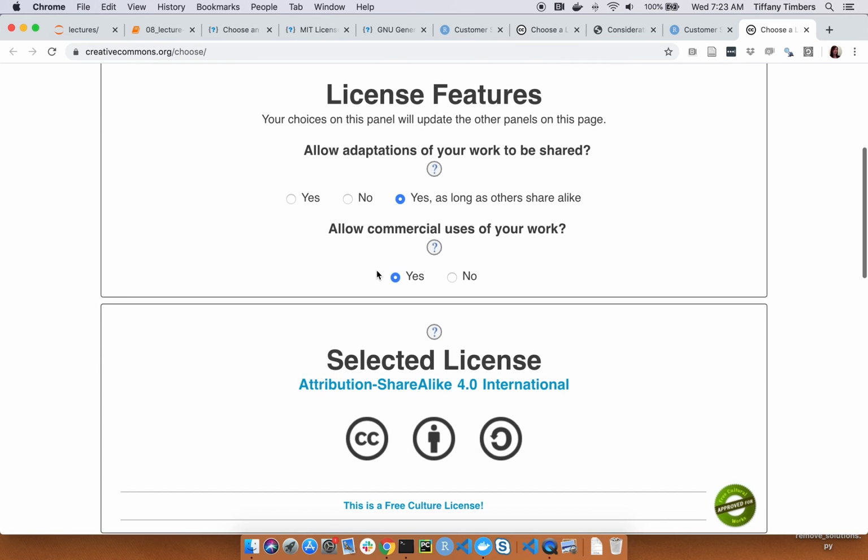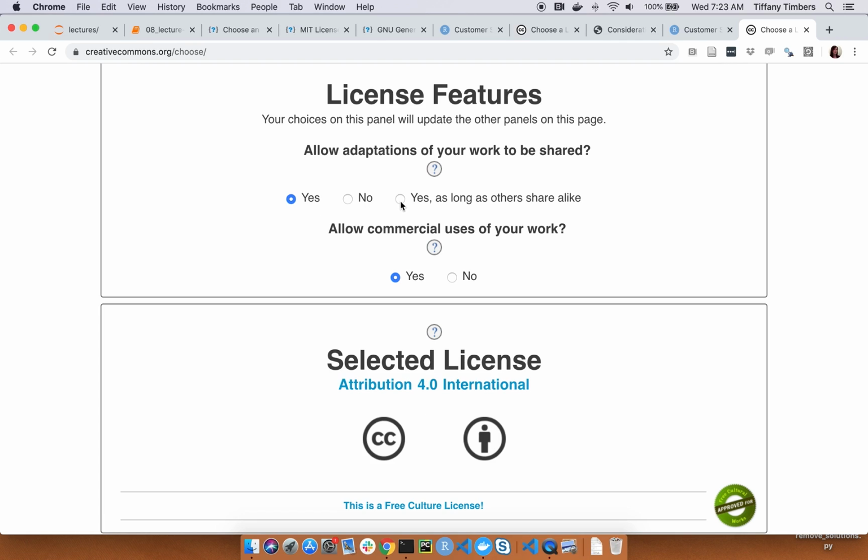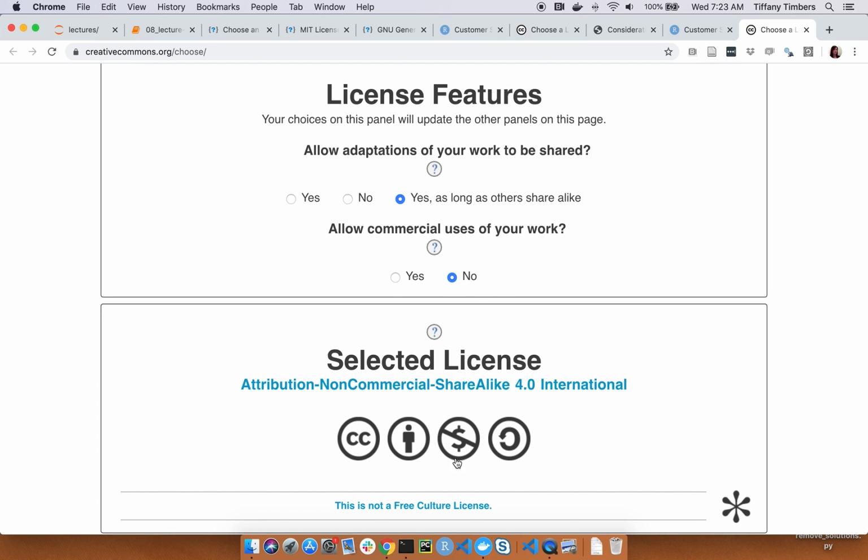And when I toggle here, you'll see that it changes the symbols that are used down here. And these symbols represent those classes that we just talked about. So this one here is the BY class, and this one here is the share alike. Let's say I don't want commercial uses of my work, and so you'll see the non-commercial showing up here.